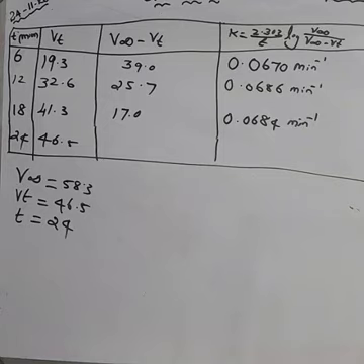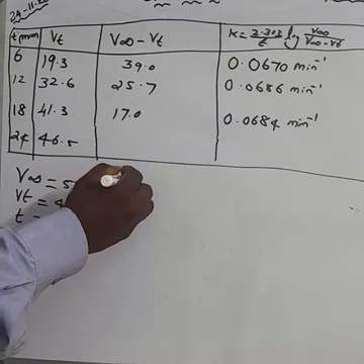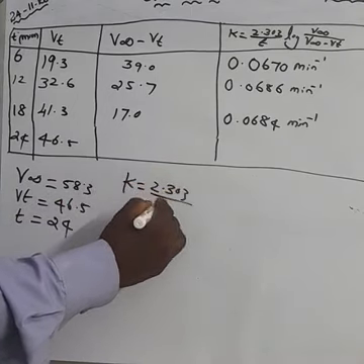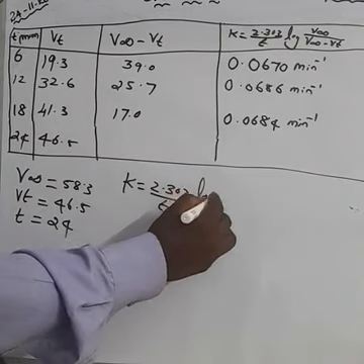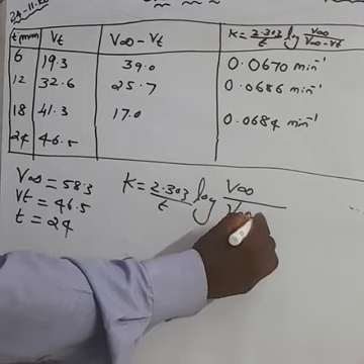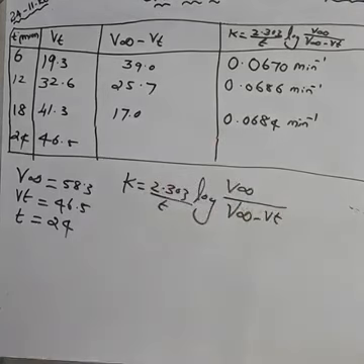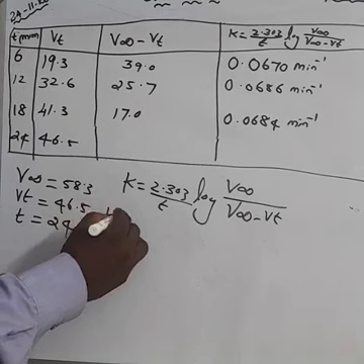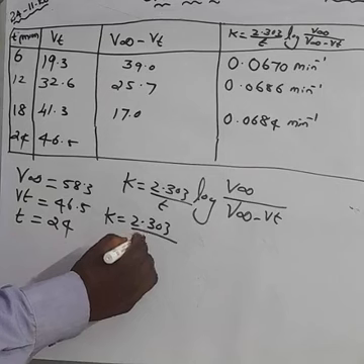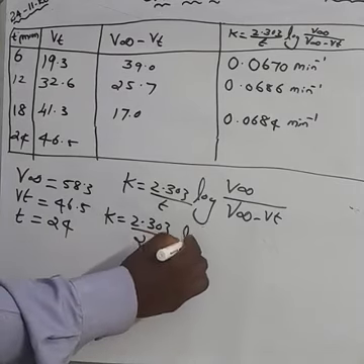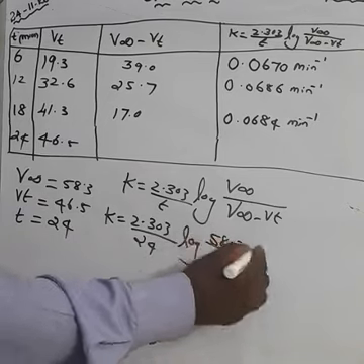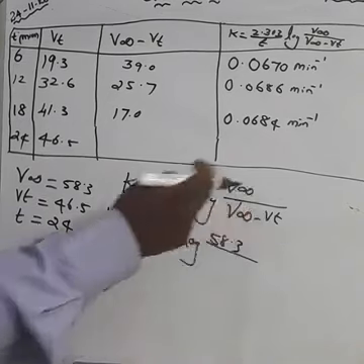Time 24. Then we shall substitute this value in the rate constant law, that is k is equal to 2.303 divided by t log of V infinity divided by V infinity minus Vt. This is the formula, and we substitute here: k is equal to 2.303 divided by time t equal to 24, log of 58.3 divided by V infinity minus Vt.